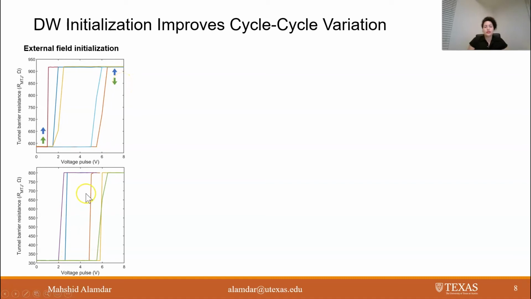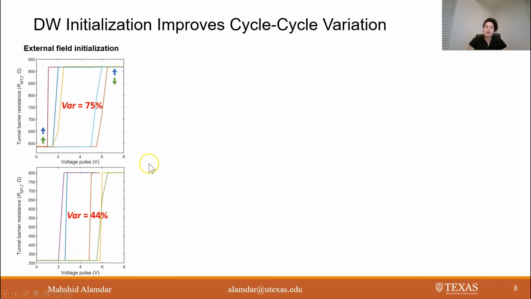These two figures show example MTJ resistance versus voltage for 5 cycles for 2 of the devices, and the switching voltage variation for the first device is 75%, and for the second device it is 44%. The relatively large range in switching voltage is consistent with domain wall nucleation at different defect sites each cycle.